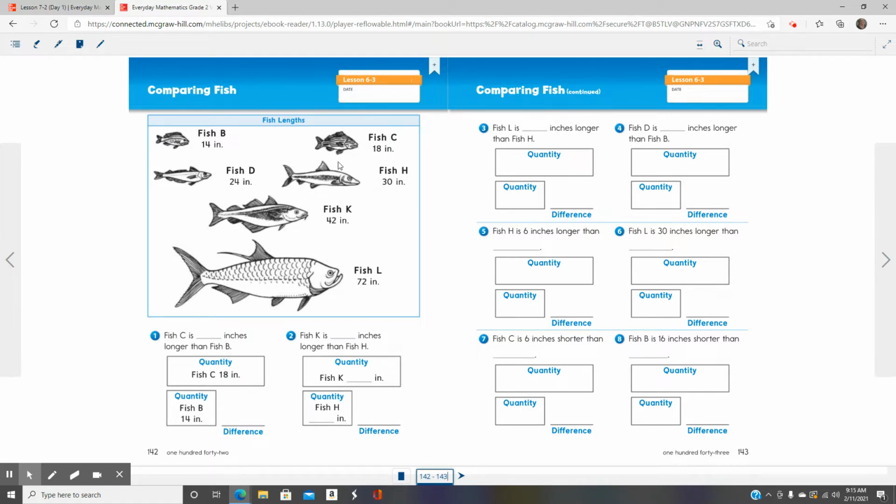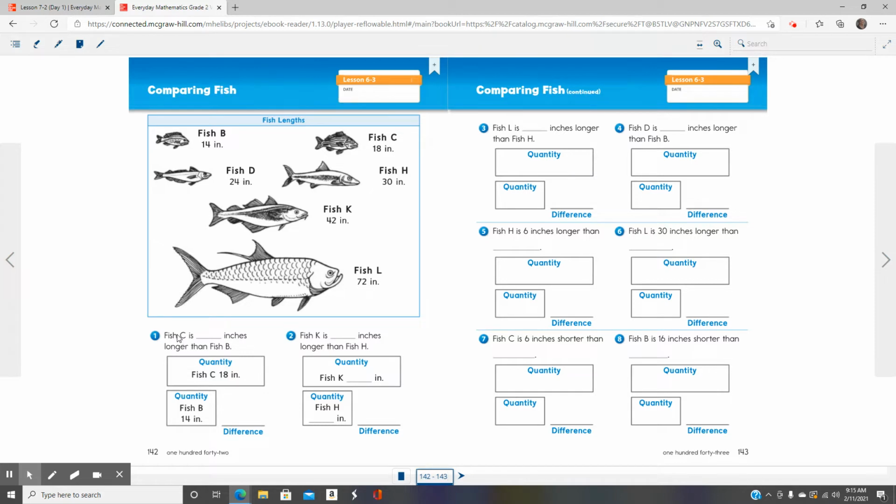So now that we know that information and we have this chart to refer to, or this table, or this illustration, whatever you want to call it, we can answer these questions and fill in our comparison diagrams. So number one says fish C is blank inches longer than fish B. Now remember, in the larger quantity box, we want to put the larger number, because when you subtract, you always begin with the larger number.